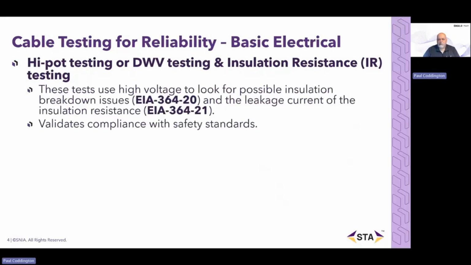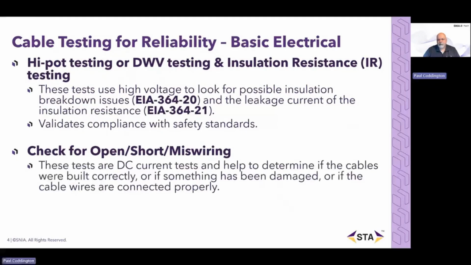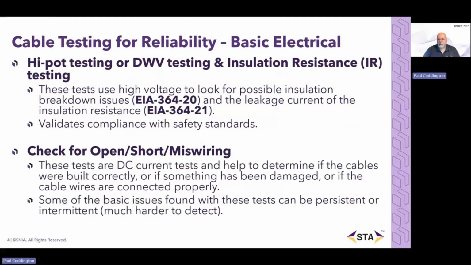The HiPOT or DWV testing and the IR testing are very common tests for validating compliance with safety standards. In addition to those, you can check for opens, short circuits, and miswiring.